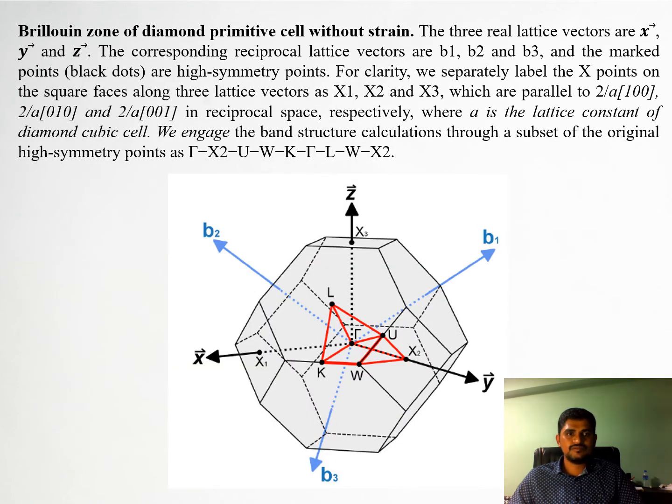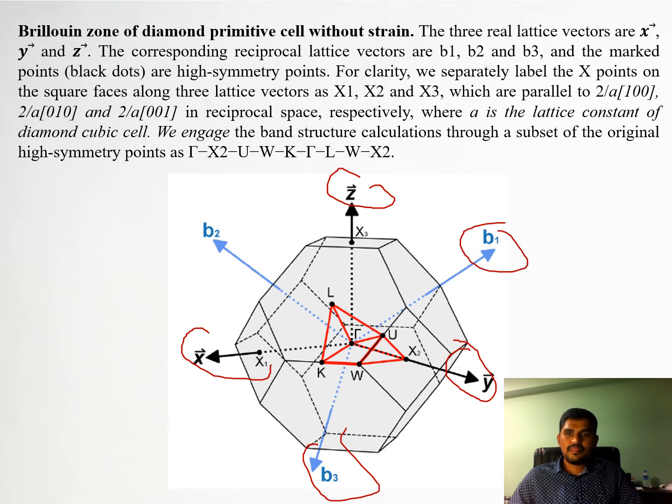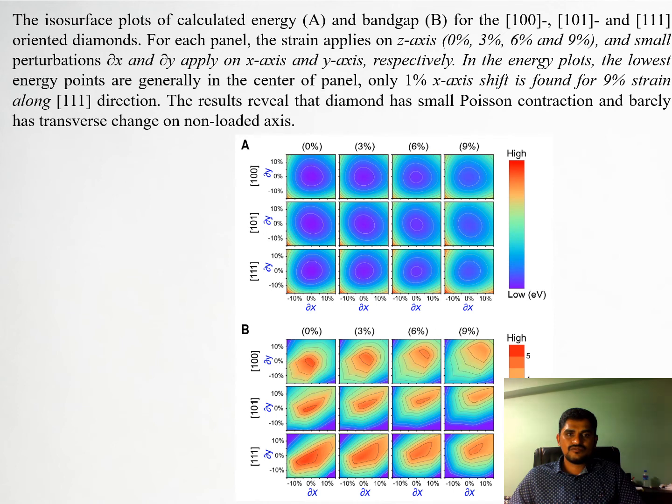Different features are shown: the diamond primitive cell without strain. These are the Z and X, Y axes, how it's working, and the lattice vectors B1, B2, B3 are marked. And this picture shows the calculated energy band gap from high to low, for the directions 100, 101, and 111, and picture B describes the oriented diamonds for the different directions.